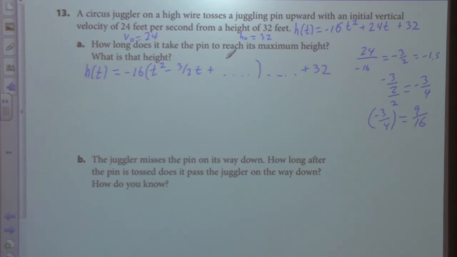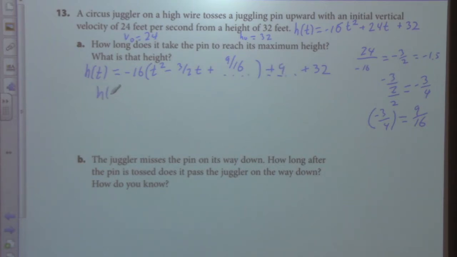But we're going to add 9/16 here. And what do we have to add out here? It'll be negative 16 times 9/16, so that's going to be negative 9. But we have to add that out here, right?